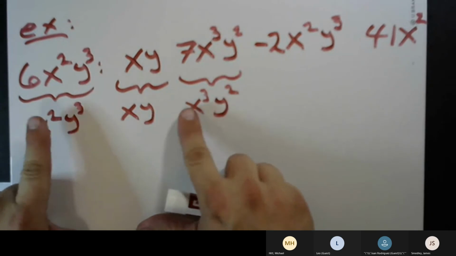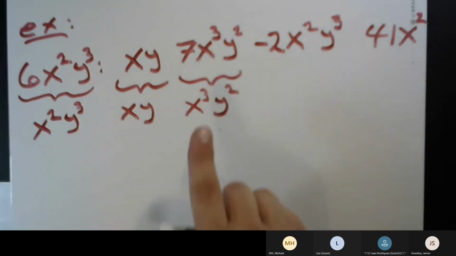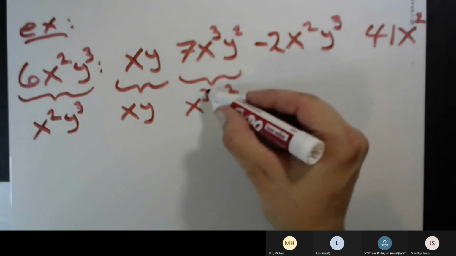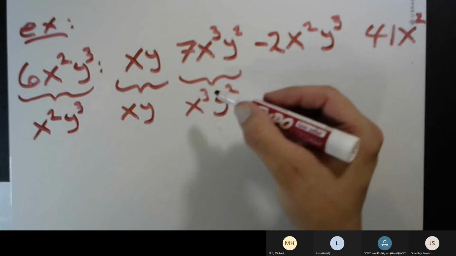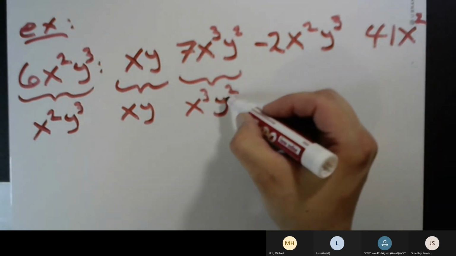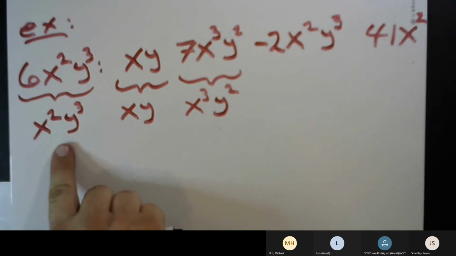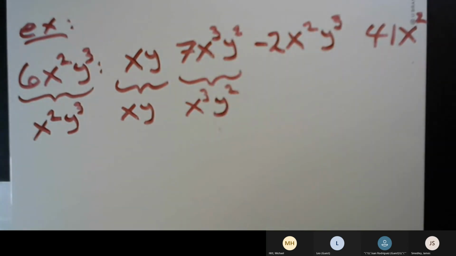It even has sort of the right exponents, but they're not corresponding to the correct variables. The 3 needs to be on the y. The 2 needs to be on the x, like this. So this won't work either.